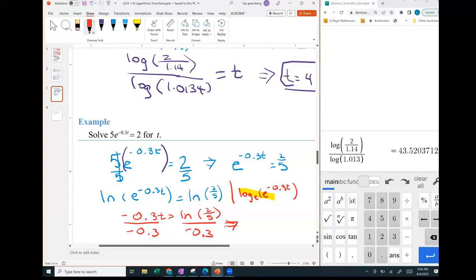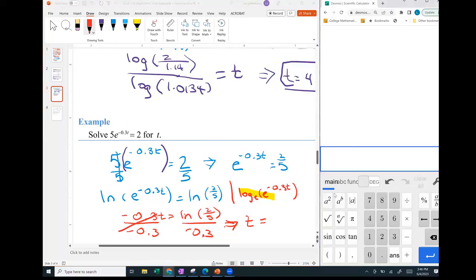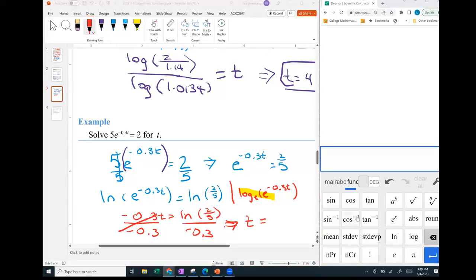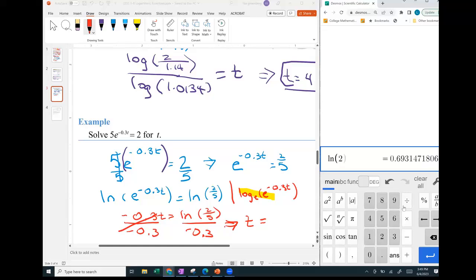And this cancels. I end up with t equals... And let's clear this. I really just put this into my calculator. I have ln of 2 divided by 5, sorry.